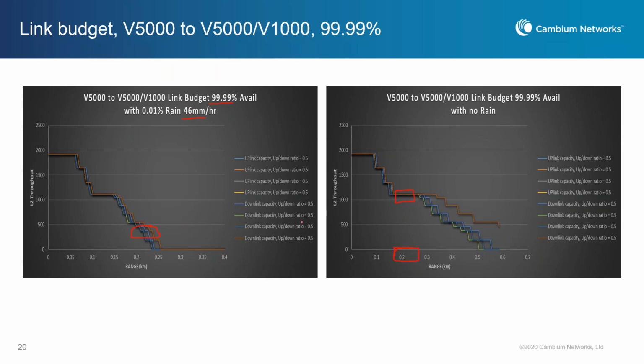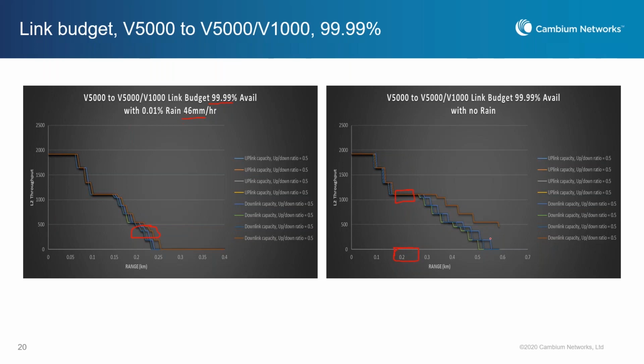If you really want to push for the extreme, saying I don't care about link availability, which is unlikely to be the case, you do want some level of availability, maybe not a 4.9, maybe you want to do a 3.9. But in the extreme case, we're talking about 400 to 500 meters range with channel 1, channel 3. With channel 4, you will push to about 600 meters, could be a little bit longer.